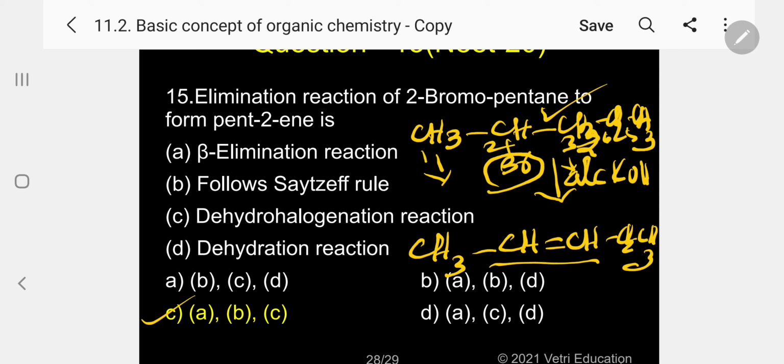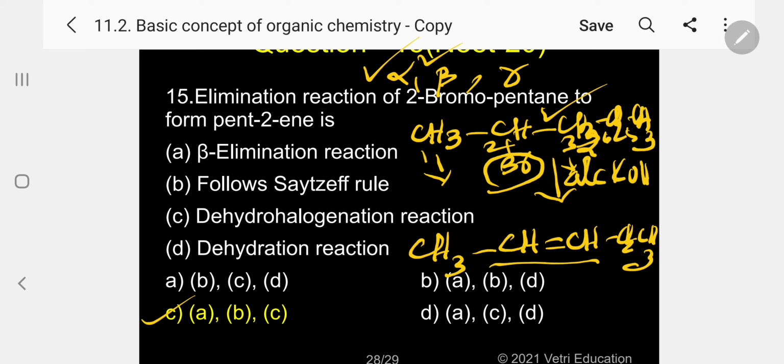Please understand the reactions. Now we will come further and read the questions. What is this called, alpha or beta elimination? There are three types: alpha elimination, beta elimination, gamma elimination. Alpha means both Br and H are eliminated from the same carbon atom.